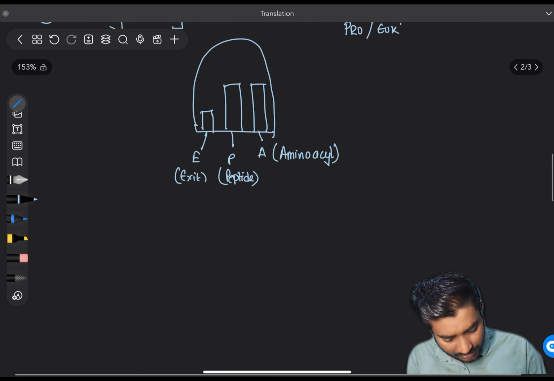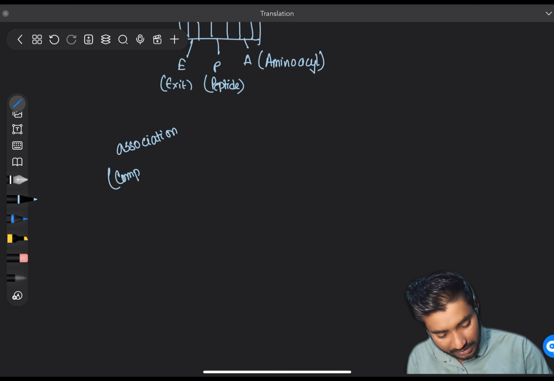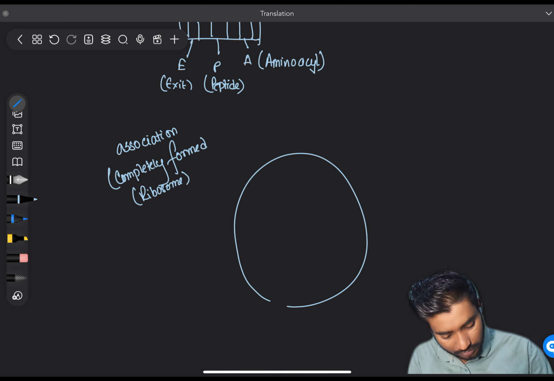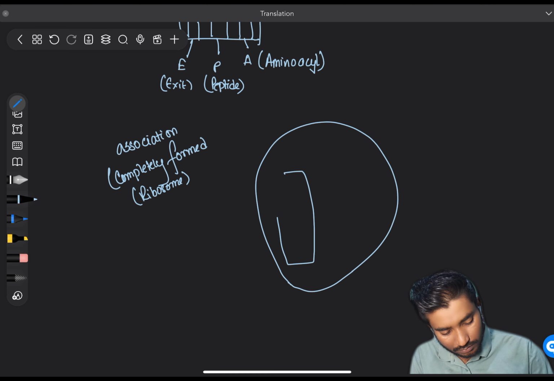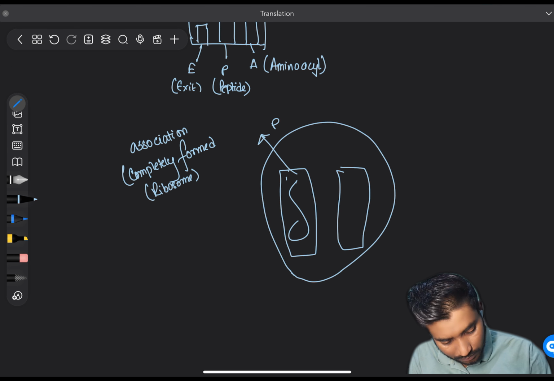Now here the association is completely formed, the ribosome. This is E. This is the anticodon.